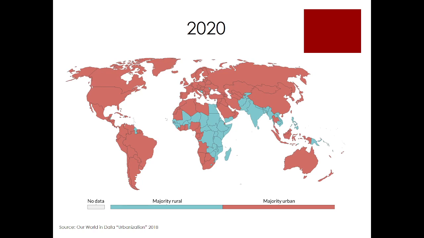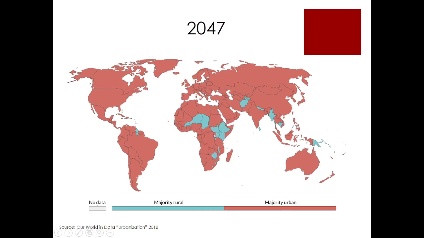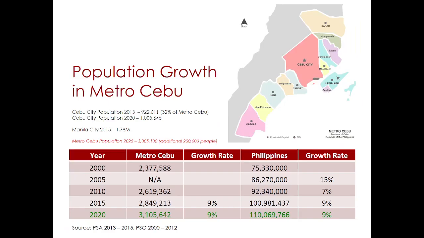But by 2020, it looks like on the map, about 80% of the world is now majority urban, excluding countries like the Philippines, India, East Africa, and just a small blip here in the north of Latin America. And then by 2047, it is expected that the Philippines will also join the majority urban countries.